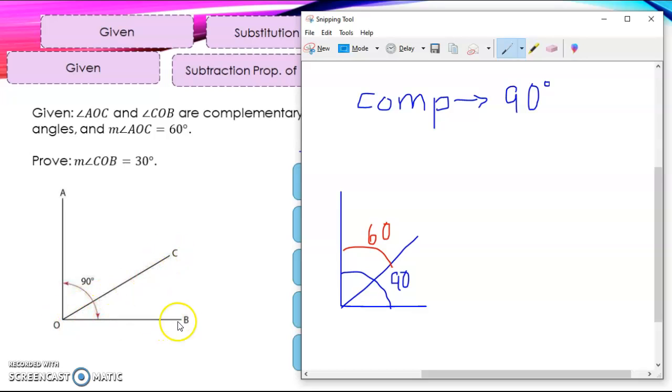So COB is the smaller angle right here, and we're trying to prove eventually that this is equal to 30. Since the two angles add up to 90 degrees, we can conclude that adding those two angles together is going to show that they're complementary. So COB has to be 30.